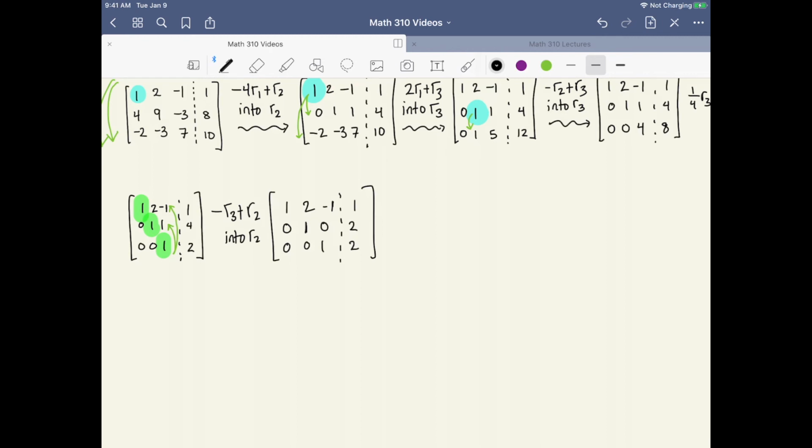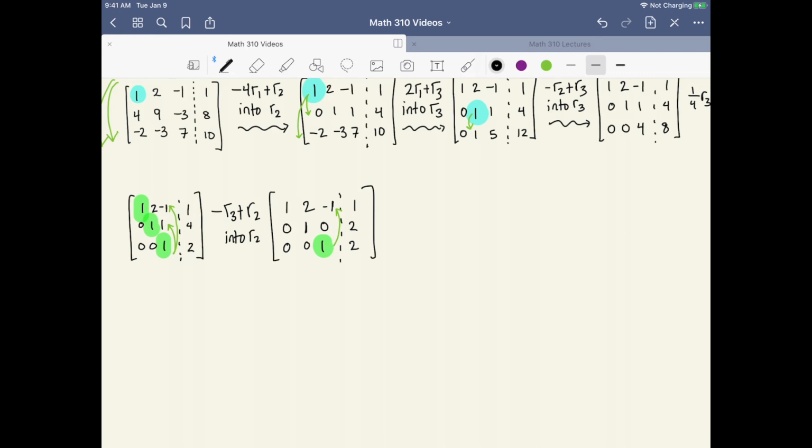Okay, great. Next, we're going to use the same pivot. Our pivot was the 1, and our pivot is still this 1. And we're going to eliminate the other entry that sits above it. We're going to be eliminating this negative 1 right here. We're going to do that with the row operation that just adds them together.